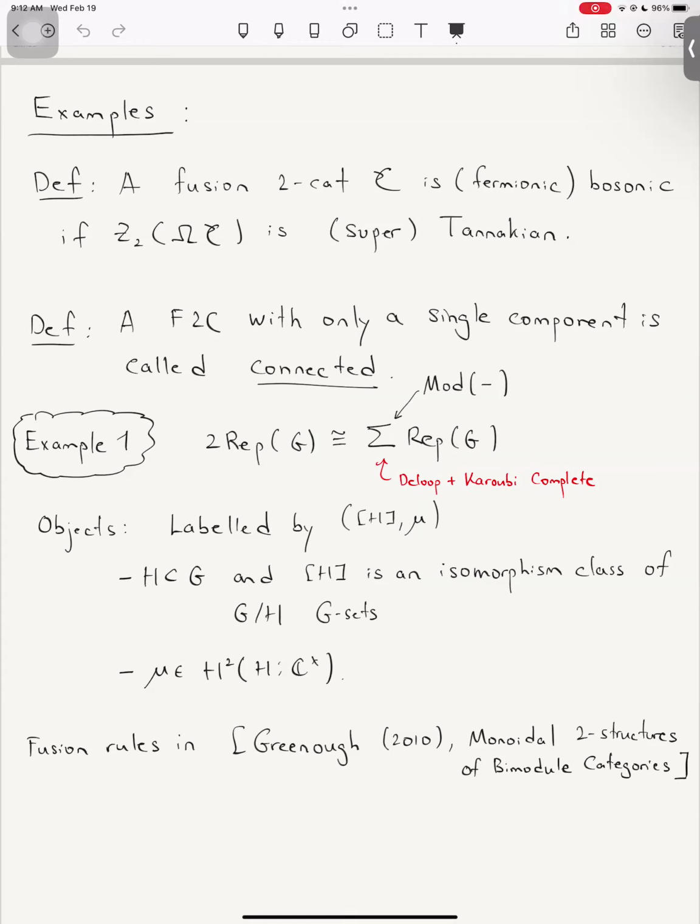And then there's also a notion of Karoubi completing to get all the other objects. This procedure of delooping plus Karoubi completion helps you build this new category. It's a non-trivial fact that doing this gives you something that's semi-simple, but nevertheless, it becomes a semi-simple two category.